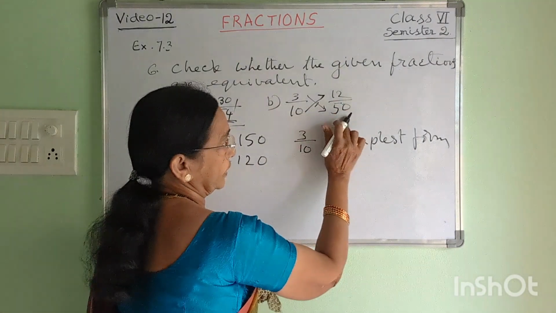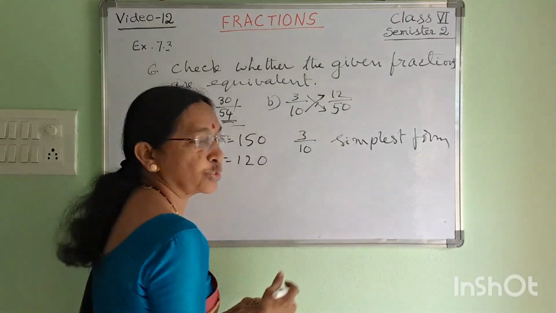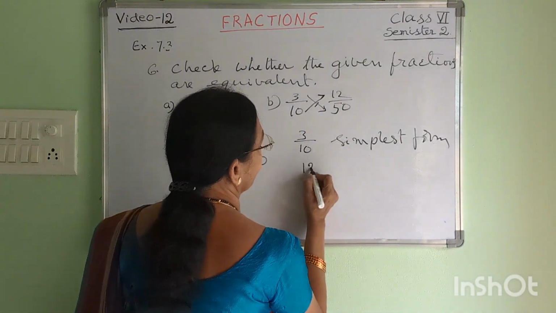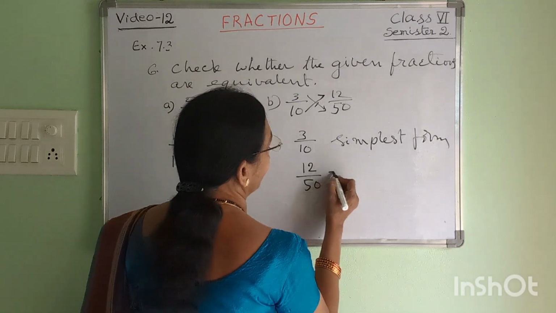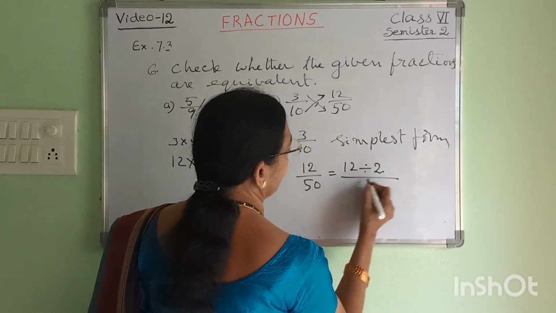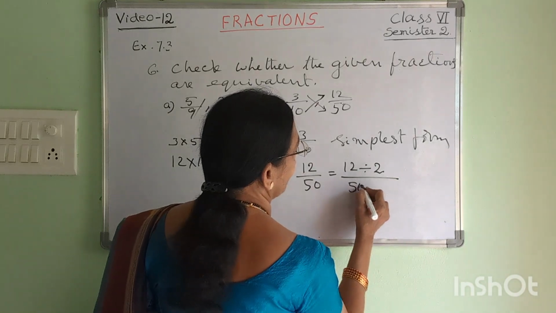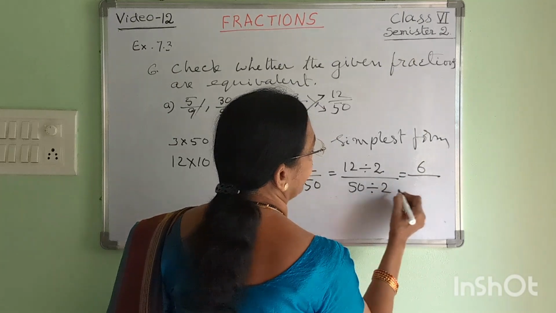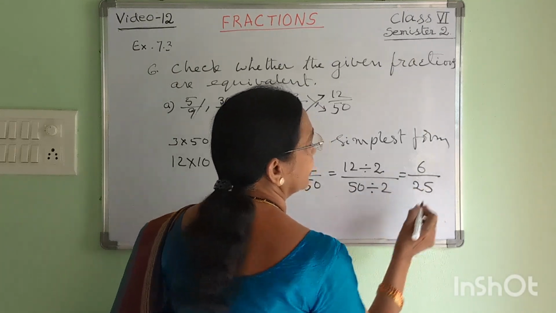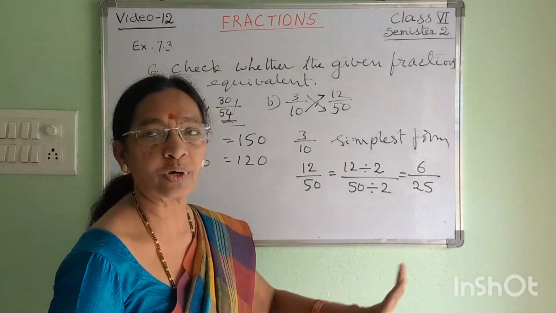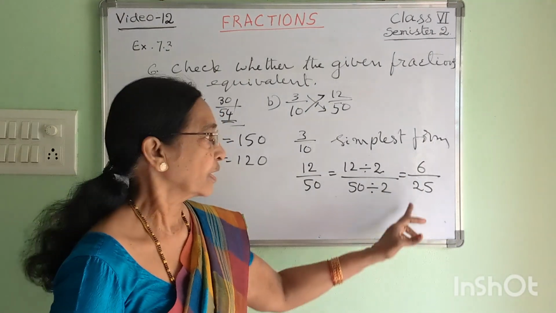Next, 12 by 50, there are common factors. 2 is a common factor. So we will divide both numerator and denominator of 12 by 50 by 2. 12 divided by 2, 6. 50 divided by 2, 25. 6 and 25 have no common factors.